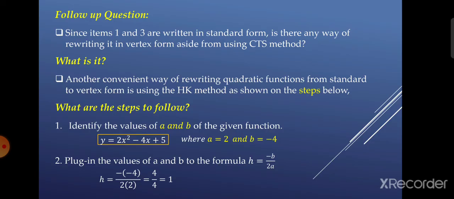So h is equal to negative of negative 4 over 2 times 2. Negative of negative 4 is positive 4. 2 times 2 is 4. So 4 divided by 4 is 1. Therefore, our h is 1.